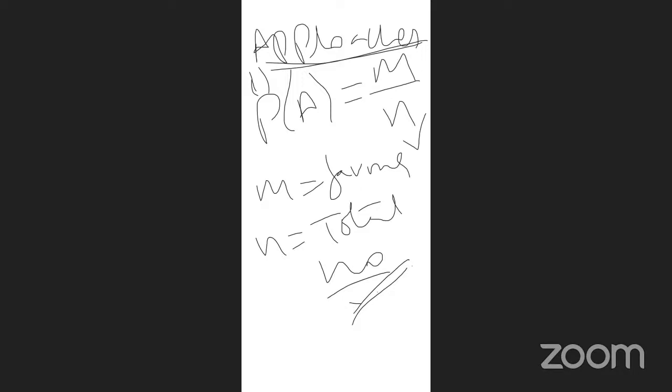The next we have is the axiomatic approach to probability. The axiomatic approach of probability was introduced by a Russian mathematician in 1930, and he wrote it in the Foundations of Probability, published in 1933. He has given three axioms, or three rules.